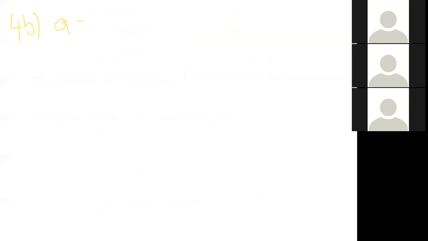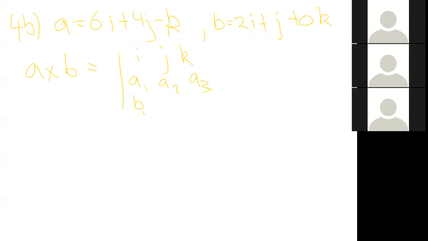A is equal to 6i plus 4j minus k, and B equals 2i plus j plus 0k. If we use the formula he gives us, the cross product is equal to the determinant of this. So we can just substitute in our values.